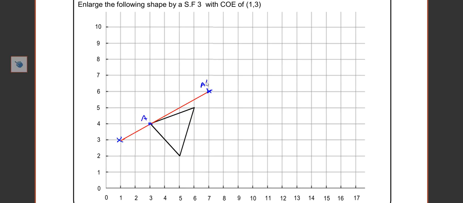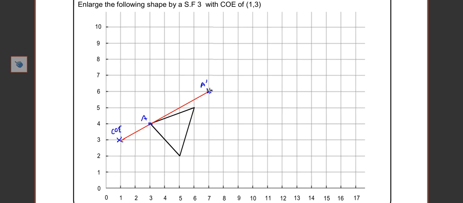Now, as I get more knowledgeable, I don't need to go straight back to my centre of enlargement all the time, because once I've got one point, I know all the other lines are times 3. So I can just look at what they were and multiply them by 3, and they have to be parallel.